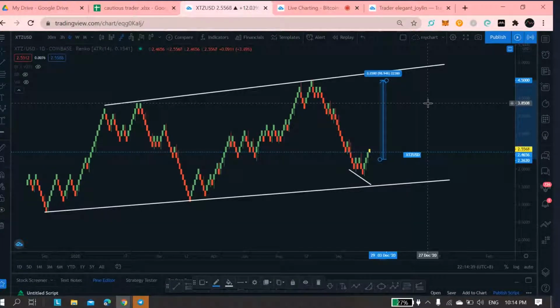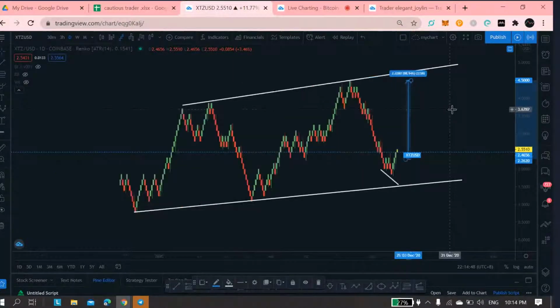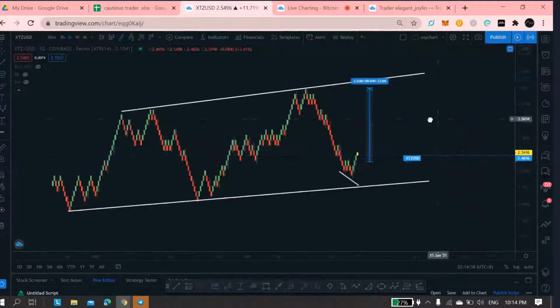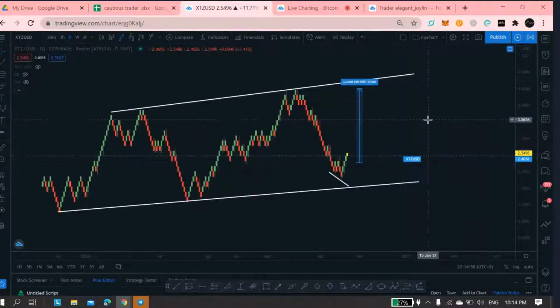So times 100, that's more or less 9,900 possible returns if my TP got hit. But normally I adjust my stop loss so that if the market reverses, I will only take gain. So gain at my target area of 4.5 or gain at stop out or stop loss area. So I think that's it.